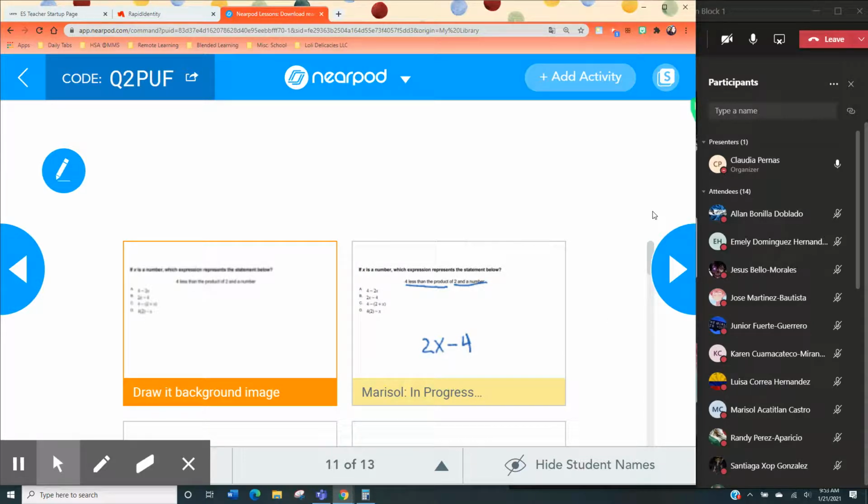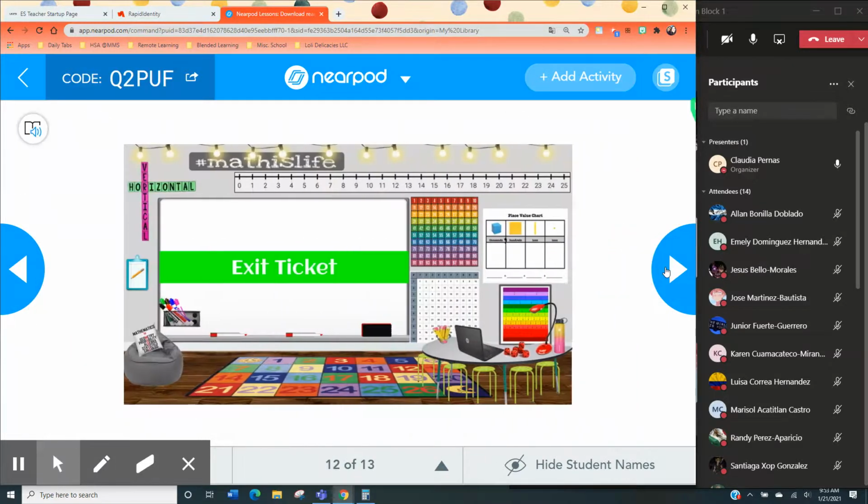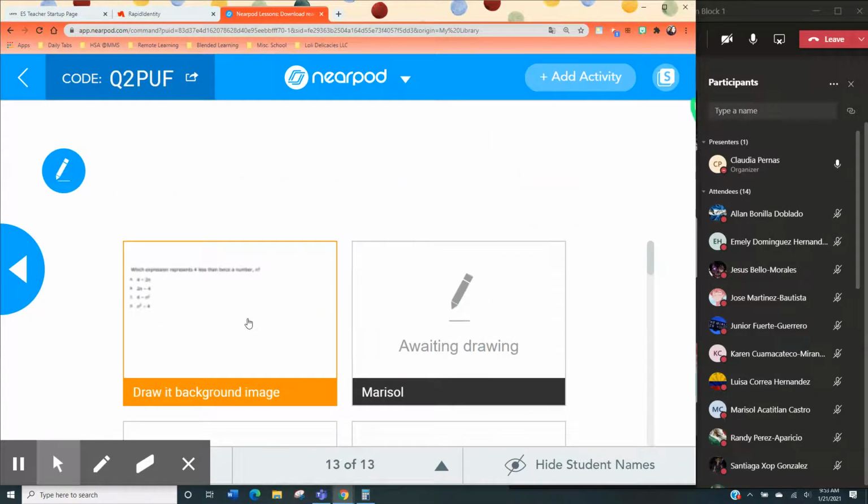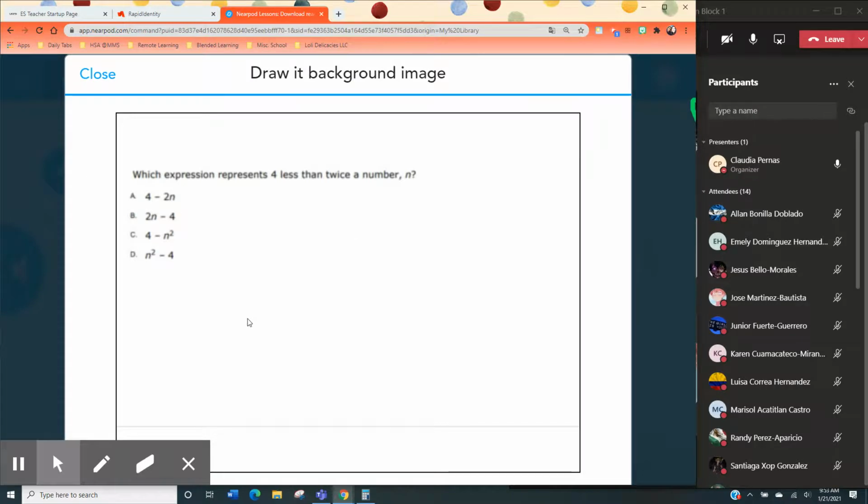Our next problem is going to be your exit ticket. So you're going to be taking what we've been doing today and doing it all by yourself. Again, we're seeing that keyword less than.